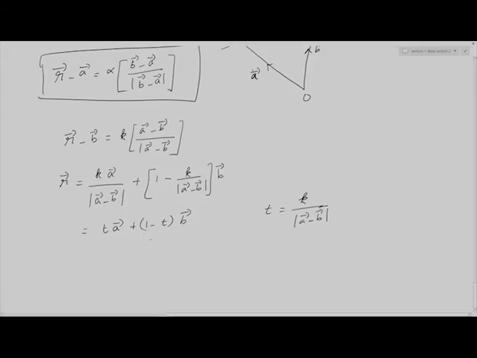Then with that notation we can simply write the vector r is equal to the equation of the straight line as t a plus 1 minus t b, or equivalently I can write r is equal to, let us say, alpha times a plus beta times b, where alpha plus beta equal to 1. So this is the equation of a straight line.